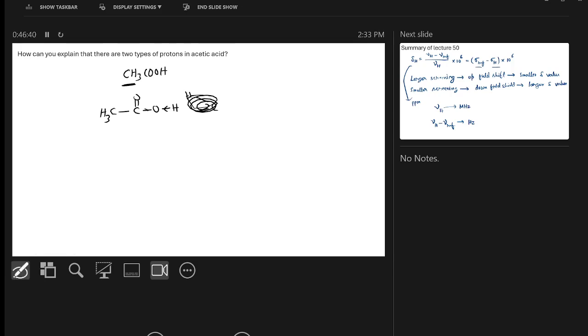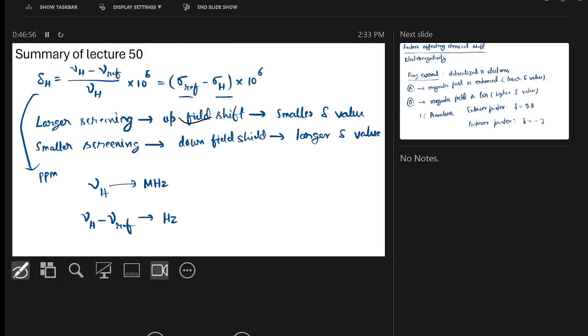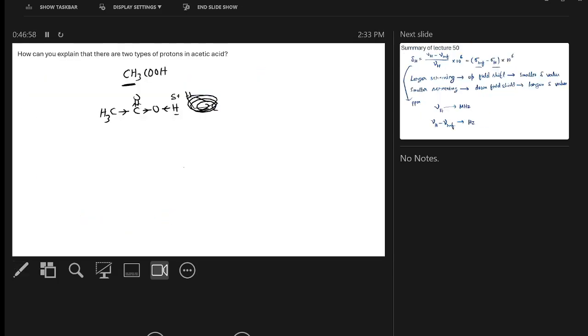This hydrogen is directly connected to the more electronegative oxygen atom, so it will have a partial positive charge. The electron cloud has been shifted toward oxygen, so it is less shielded, and this is more shielded.